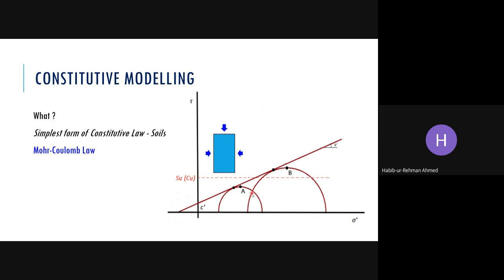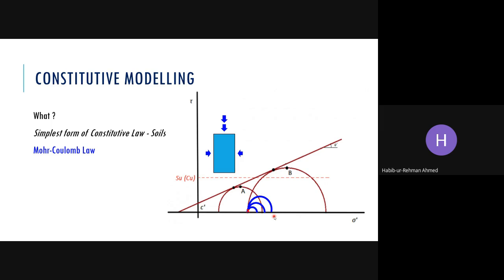Now what happens at this state? You can see that this is represented by this one cross over here. You can see the pointer over here, this is the location. It is away from the failure line. Now what will happen? We will start loading it. As we give more loading on top of the specimen, you can see the stress state is changing.